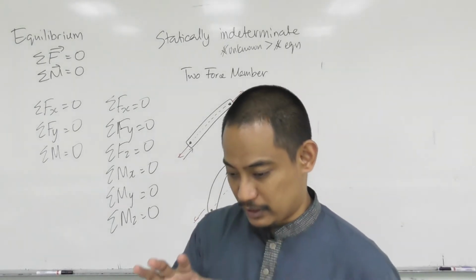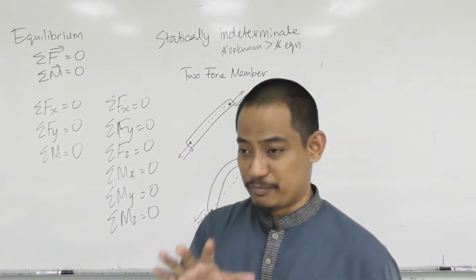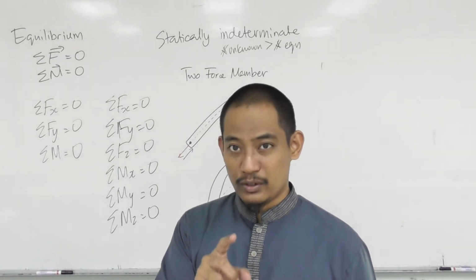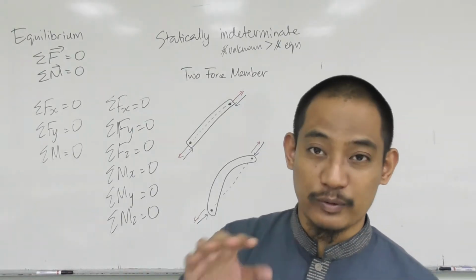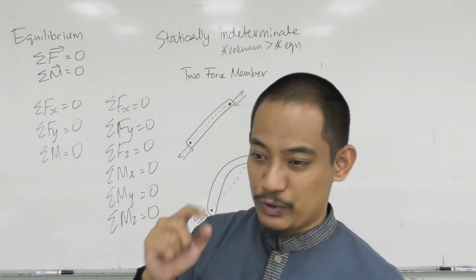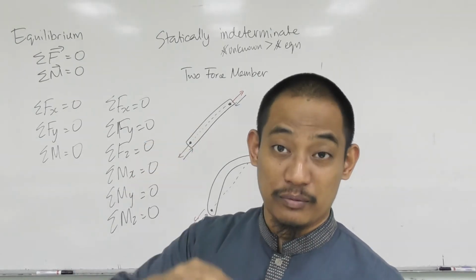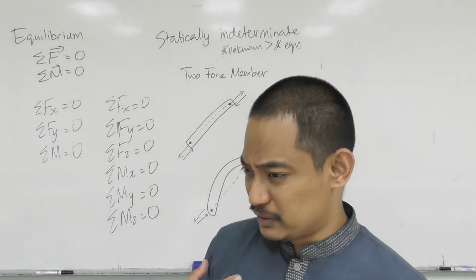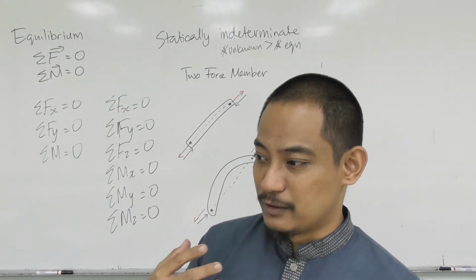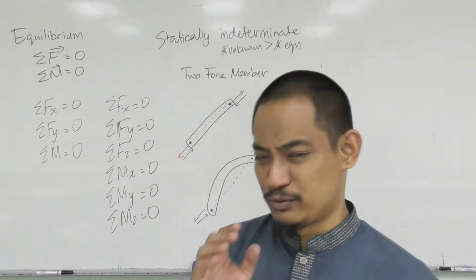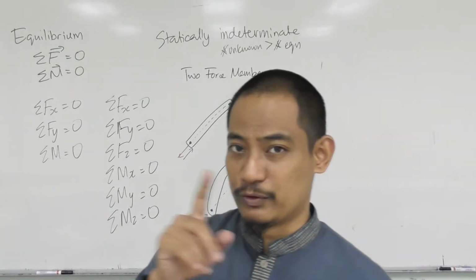Just looking at the circumstances, if you have enough practice, you can tell straight away that you should start with summation of Fx, summation of Fy, or summation of moment, depending on which will give you the shortest solution possible. If you haven't done enough exercises, this might not be that automatic for you. So make sure you do enough exercises before you go to the final exam.